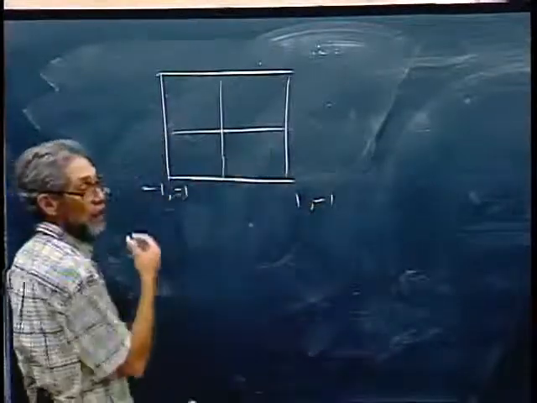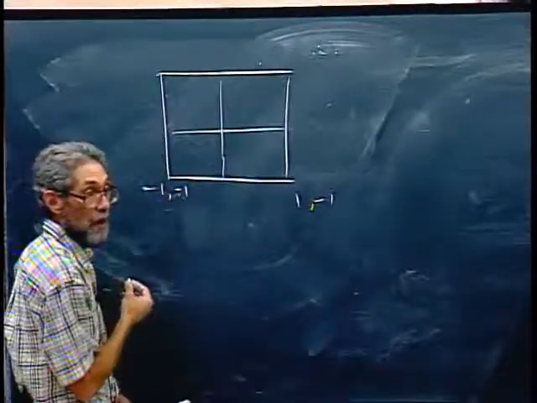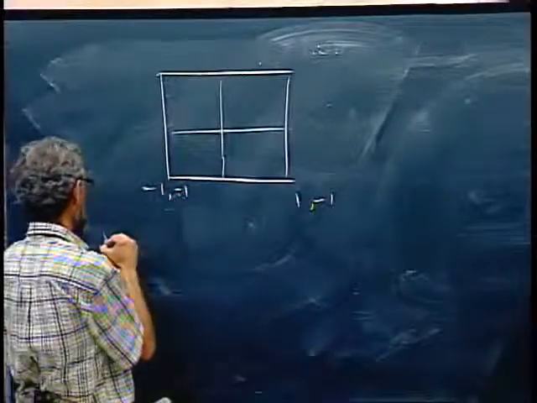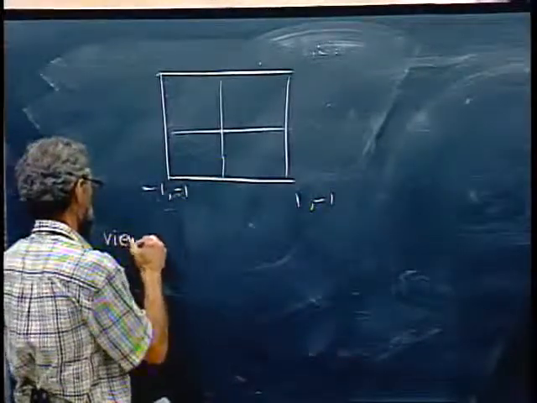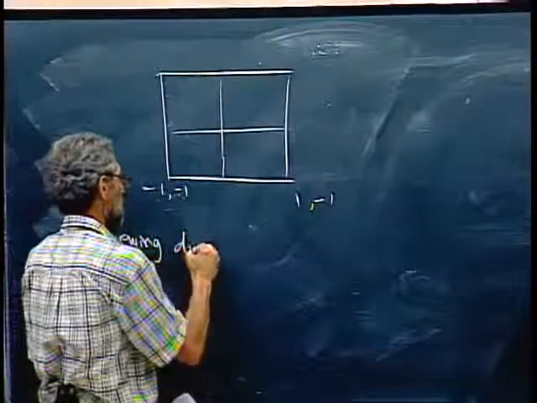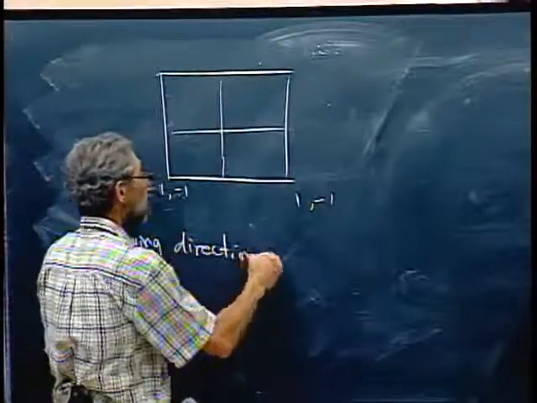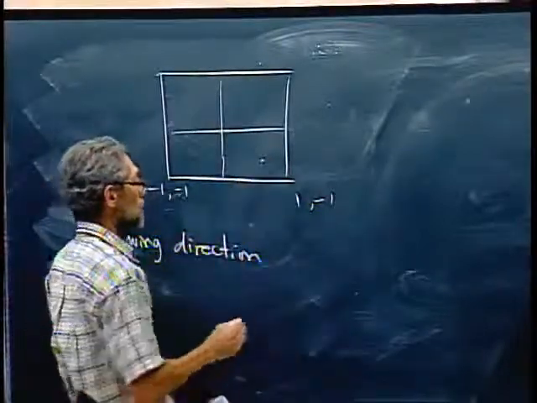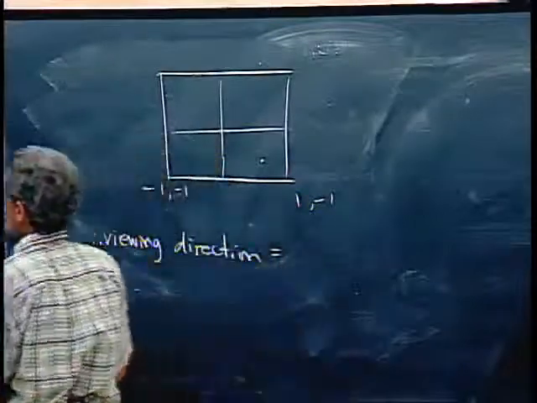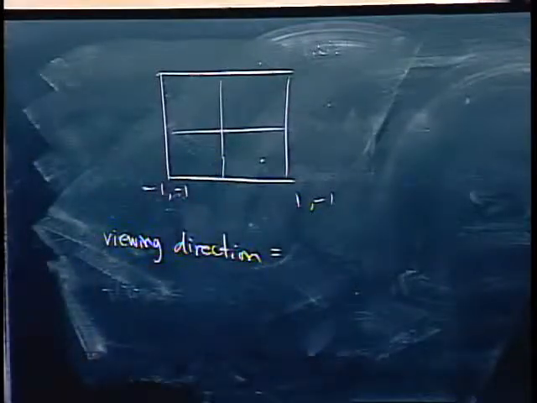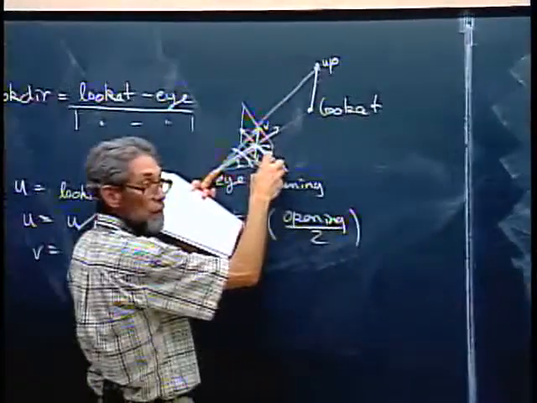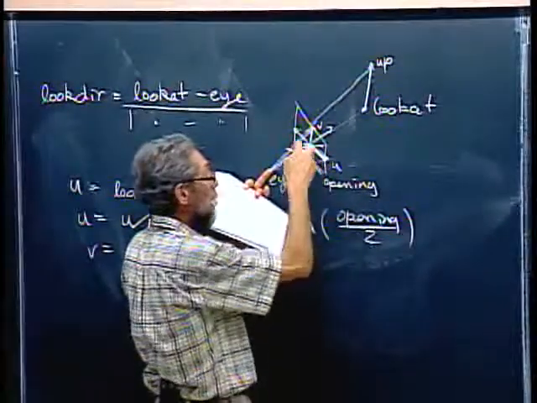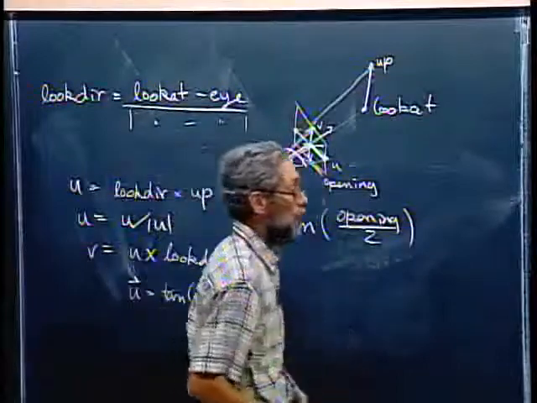Both x and y go from -1 to 1, and if you know an x, y in this coordinate system, the viewing direction is this vector plus the vector in this plane, which gives you the fraction of the way to the edges of the screen.